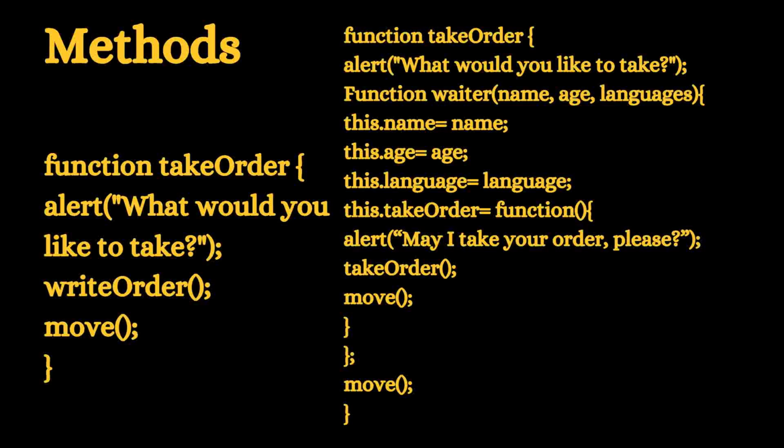Now, if we wanted to incorporate this method into our constructor function, all we have to write is what you can see on your right. this.takeOrder is equal to a function that does these things that you can see in front of you: this.name, this.age, this.language, this.takeOrder, and then there's a function, and it will have an alert message, "May I take your order?", take order, move, and that's all, nothing else.